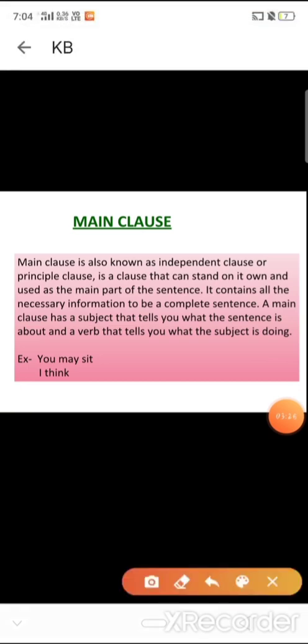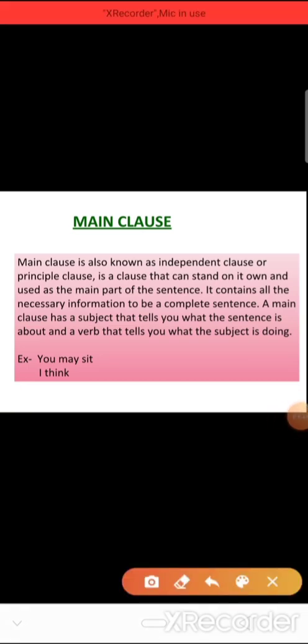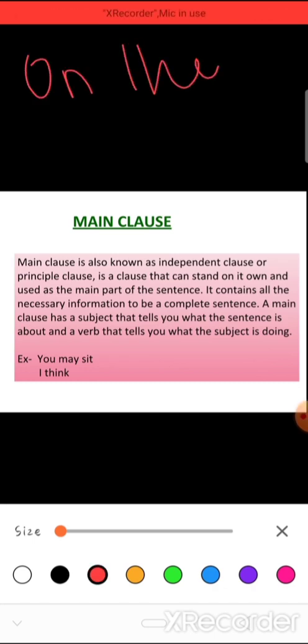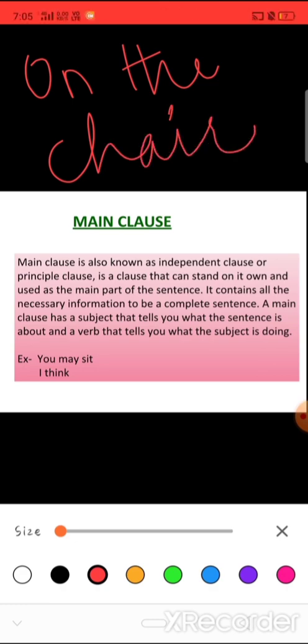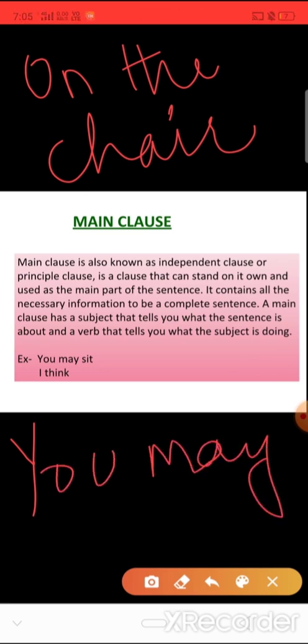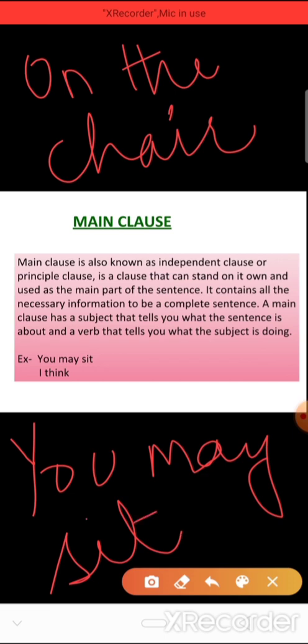Like I have told you, "on the chair" is a half part of a sentence. "You may sit" is the other part of the sentence.